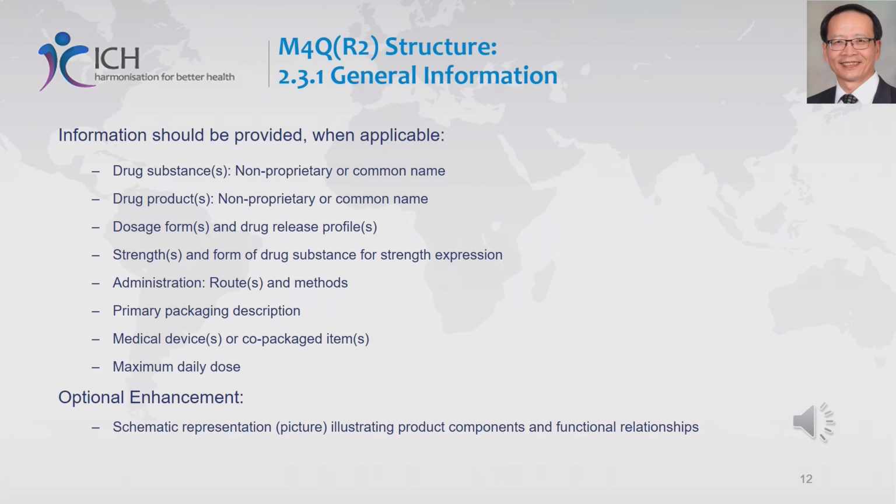Now, an optional enhancement allows for a schematic representation, especially a picture. So it's essentially a picture that illustrates product components and their functional relationships. This is very helpful, especially for complex products. So this section ensures anyone who reviews the dossier immediately understands what product they are evaluating.